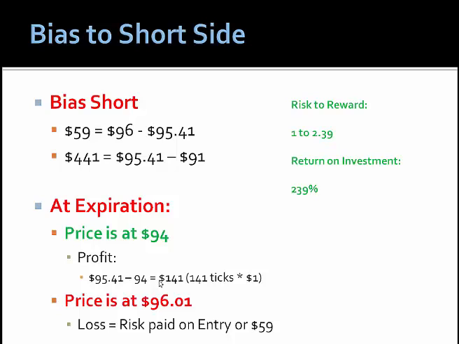Now on this one, the risk to reward was $1 of risk for $2.39 of reward. If you're looking at return on investment, it would be 239%. If price was at $96.01, then you lost what you paid up front in risk, which is $59.